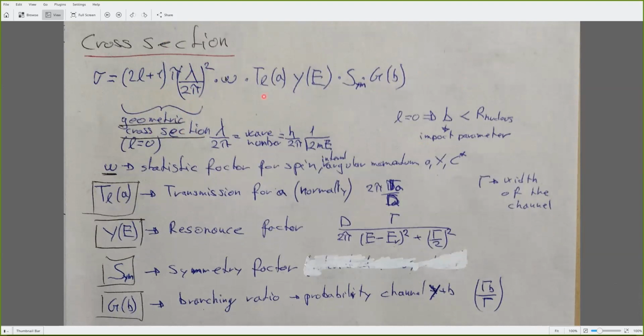Essentially, this part is connected with the geometric meaning of the particle. In fact, this is lambda divided by 2 pi, the wave number.